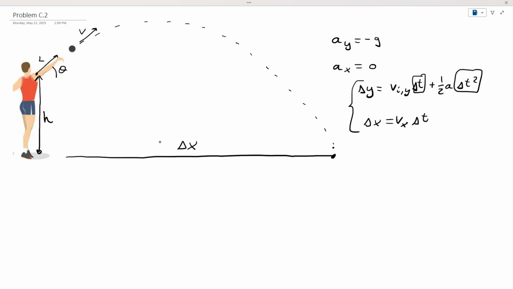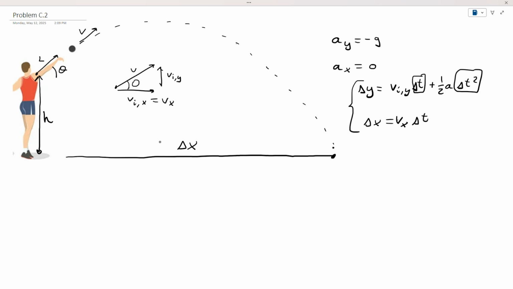Don't forget that the vector v here can be decomposed into its components. So we have v initial in y here and v initial in x. V initial in x, since there's no acceleration, will remain constant, so we can just call that vx.